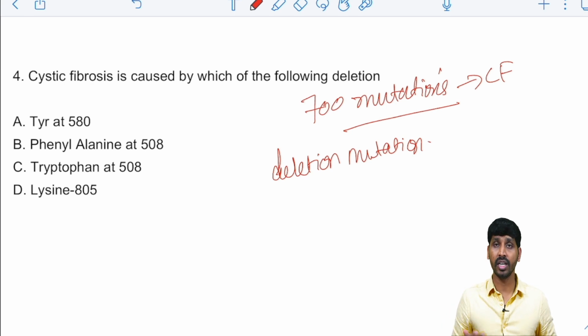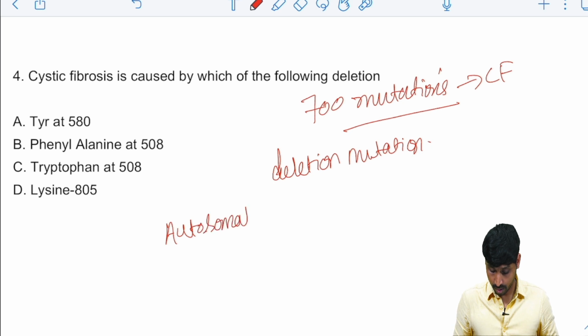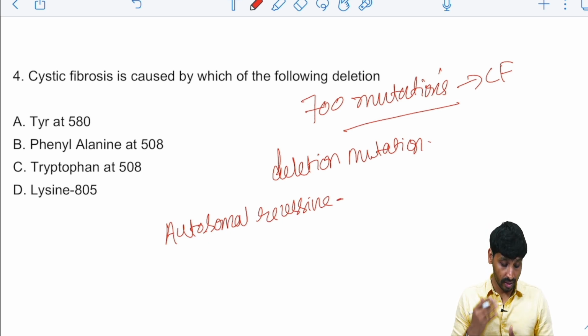How come this deletion mutation? Because the condition is autosomal recessive. And why is this happening? There is a deletion, there is a defect of protein. That is cystic fibrosis.